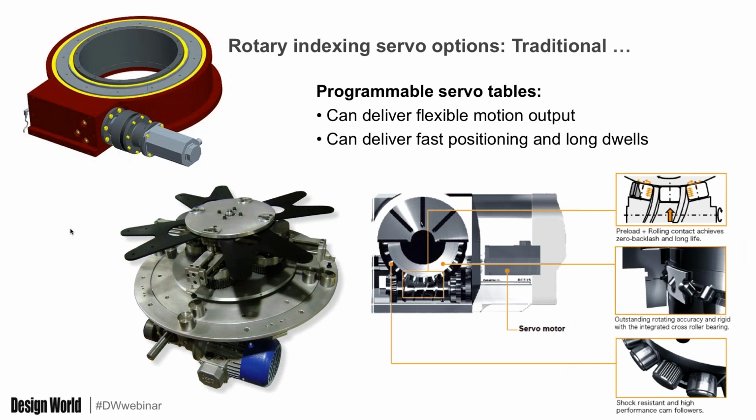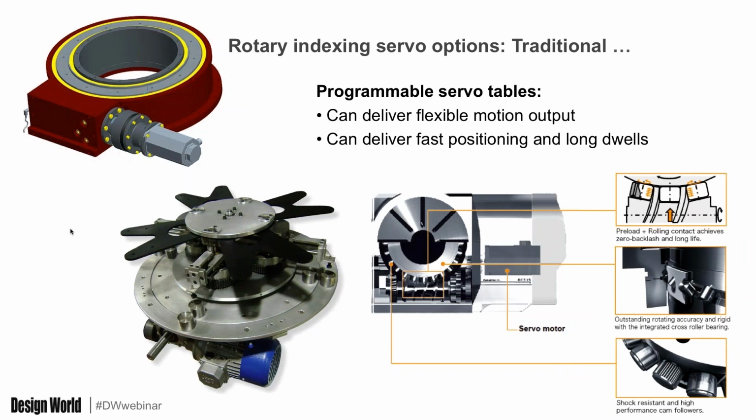Thank you, Stacy. There's another option for rotary indexing, though. Besides setups with mechanical cams, indexers can also use programmable servo drives. These are really helpful where applications need flexible motion output that's not necessarily always needing to come to the same exact station positions.